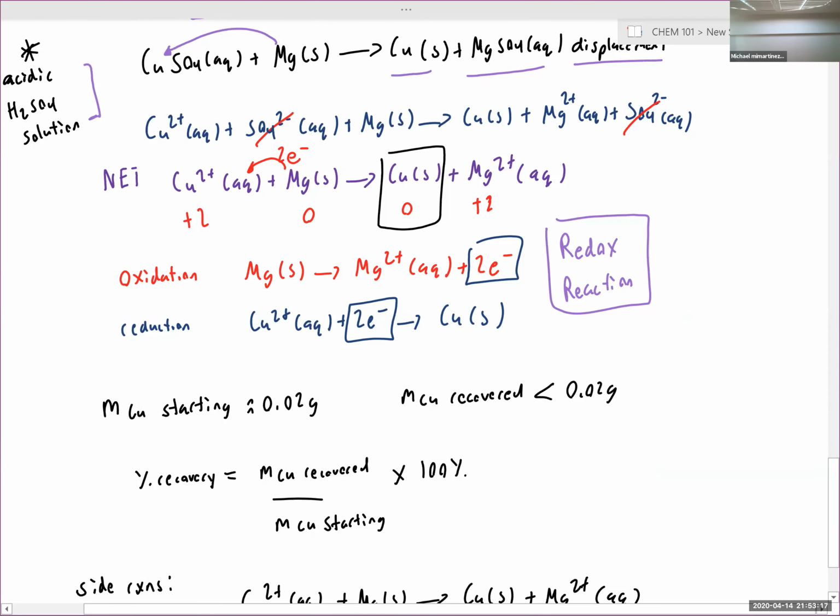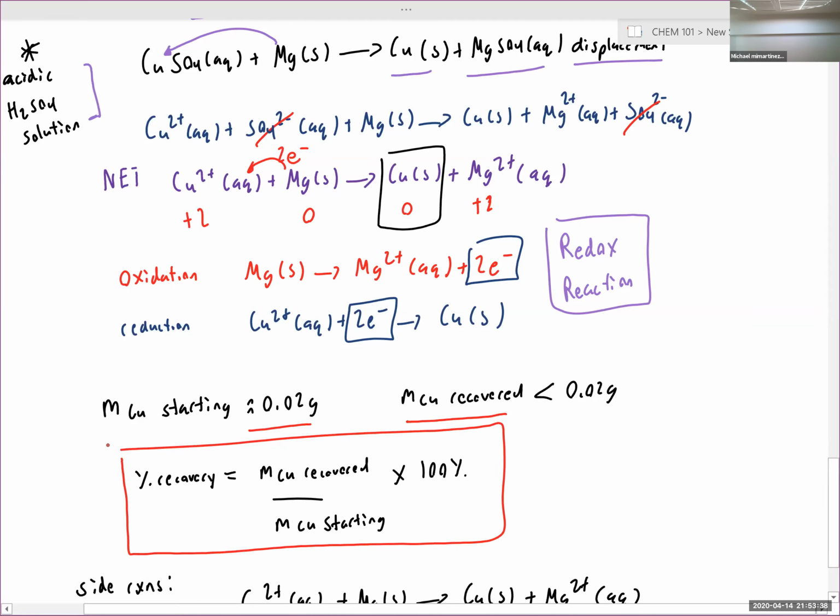We're going to be starting with about 0.02 grams of copper, and we're going to calculate the mass of copper recovered in this reaction after isolation. So we're going to isolate our copper after all of these different reaction steps, and then from that, the one value that you'll be calculating is our percent recovery, which is the mass of copper recovered over the mass of copper starting.